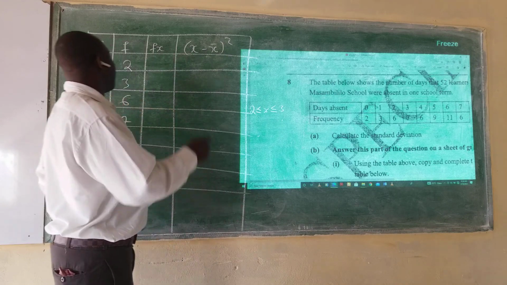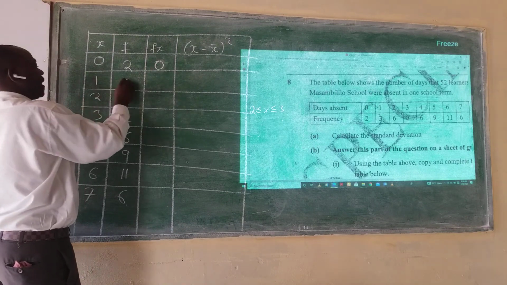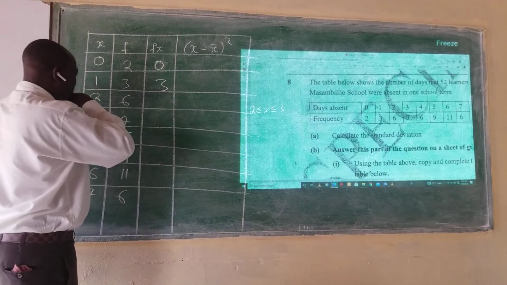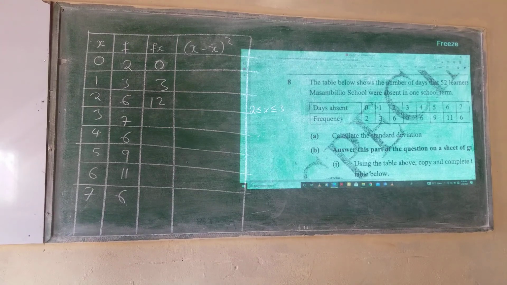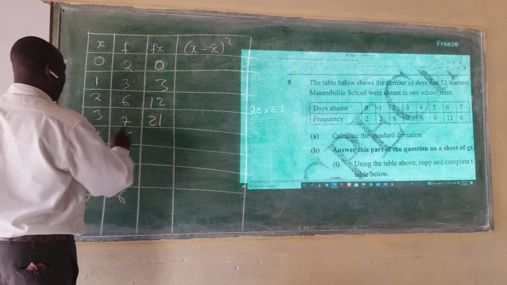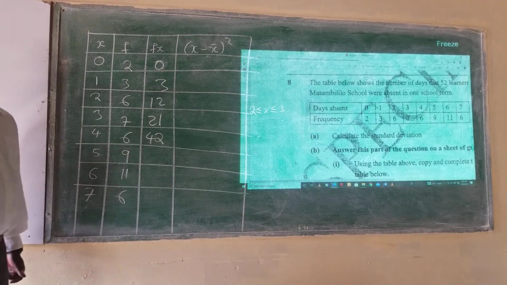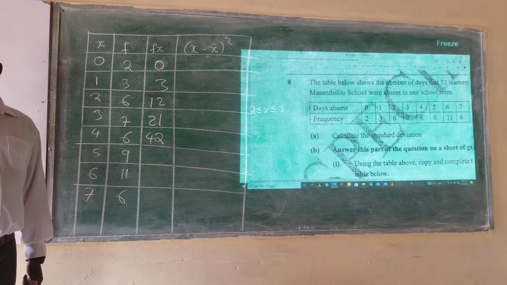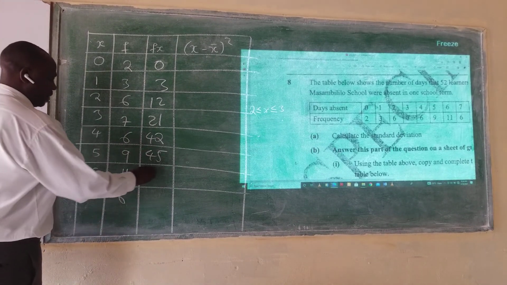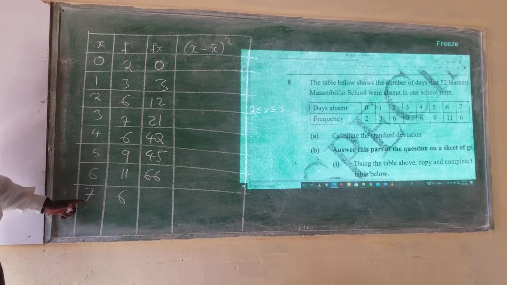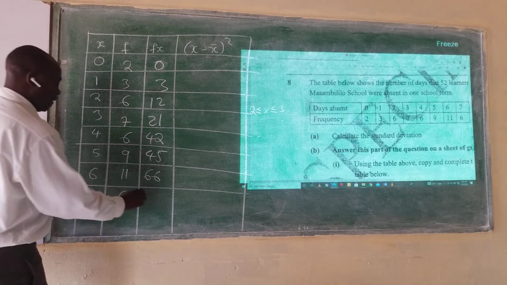So for example, 0 times 2 is 0. 1 times 3 is 3. 2 times 6 is 12. 3 times 7 is 21. 4 times 6 is 24. 5 times 9 is 45. 6 times 11 is 66. 7 times 6 is 42.